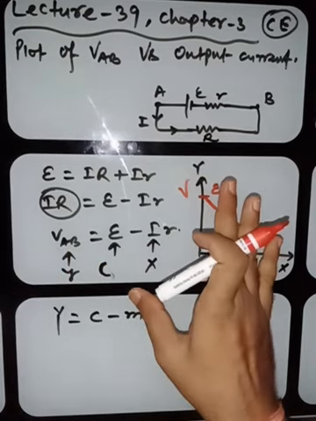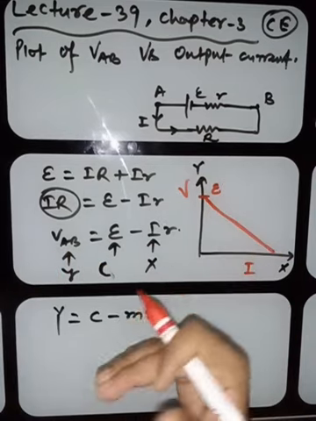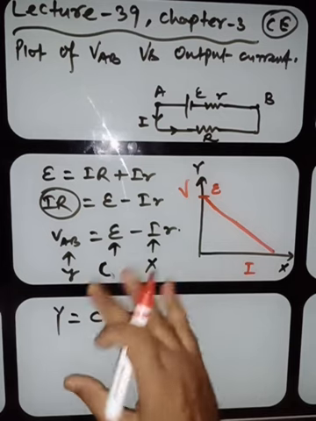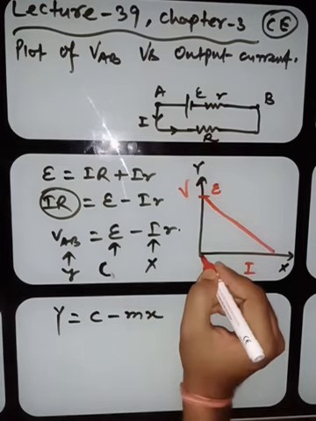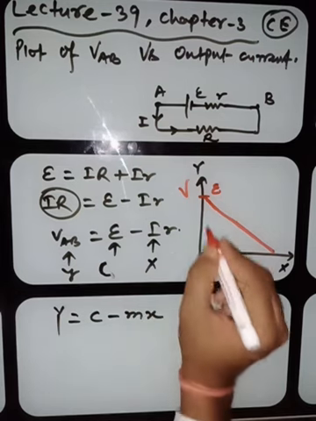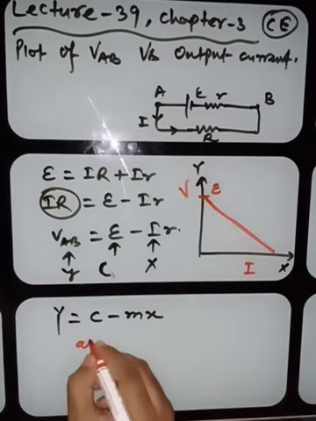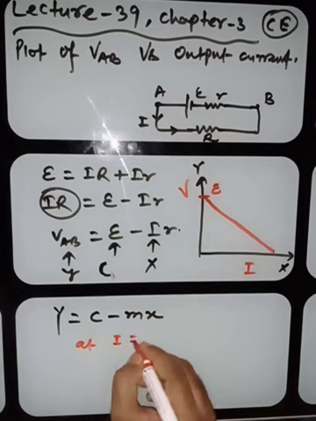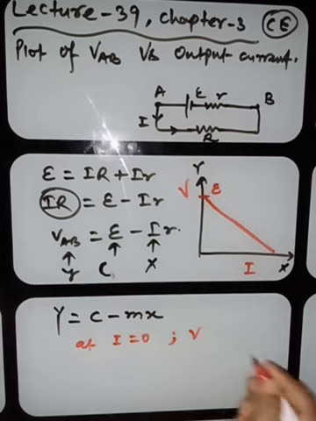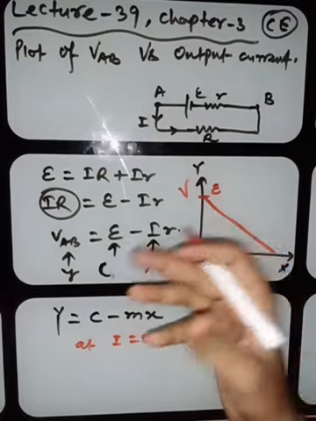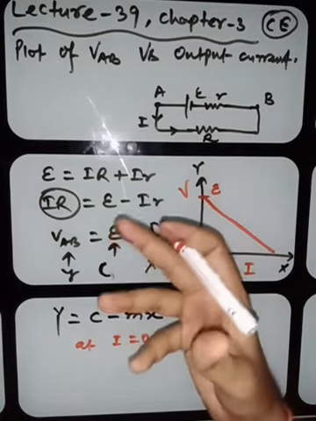Remember, my dear student, whenever you are required to find the EMF of the cell, the value of the voltage at I equals 0 is the EMF. You will be asked several numerical questions.